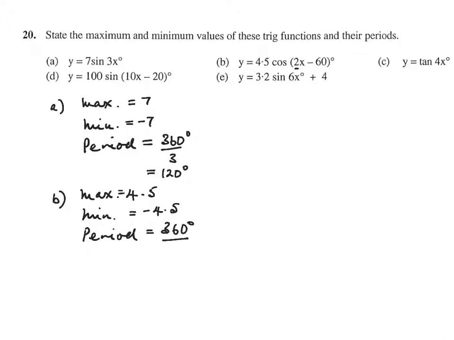We're going to divide it by this 2 here. It's 180 degrees. Part C. The tan function has no maximum and it has no minimum. The period is normally 180 degrees, but it's divided by this 4, which gives us 45 degrees.